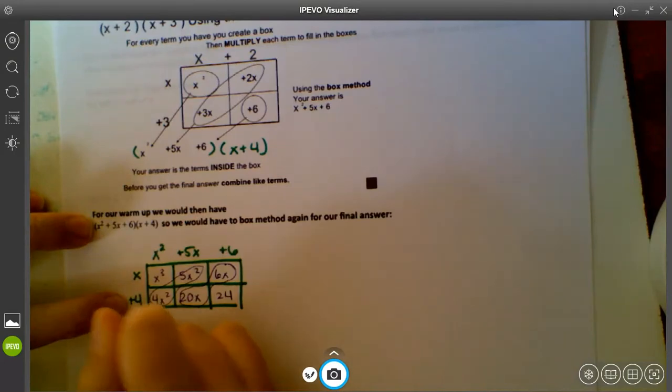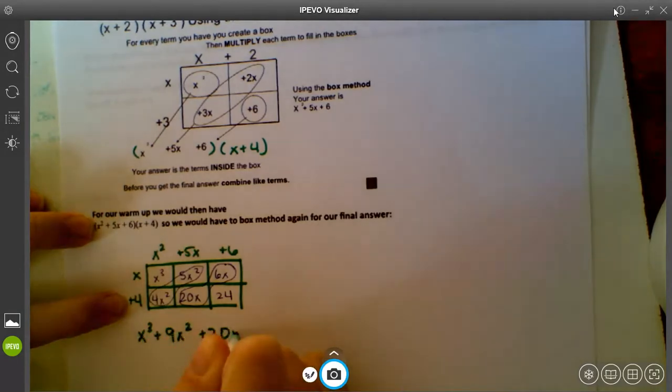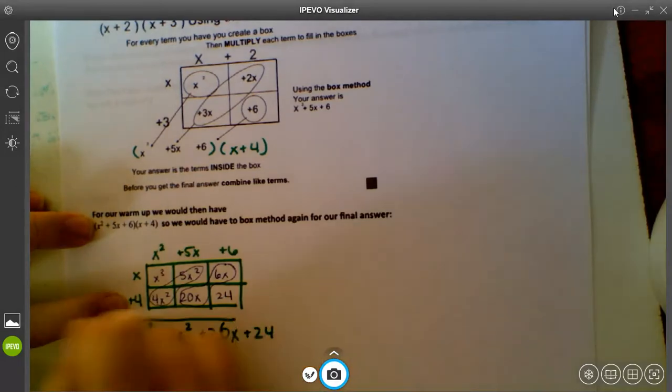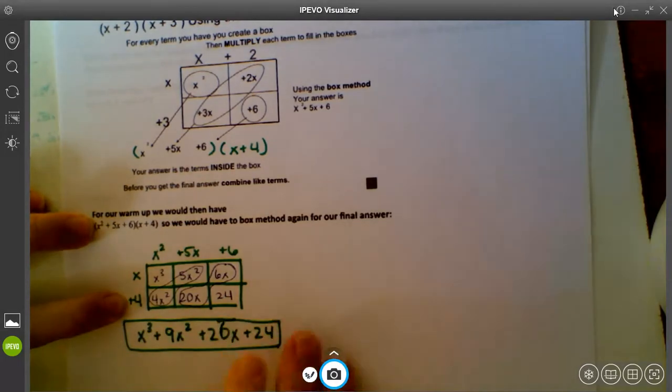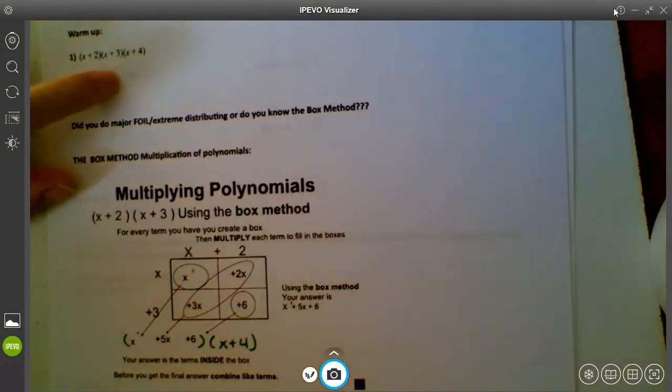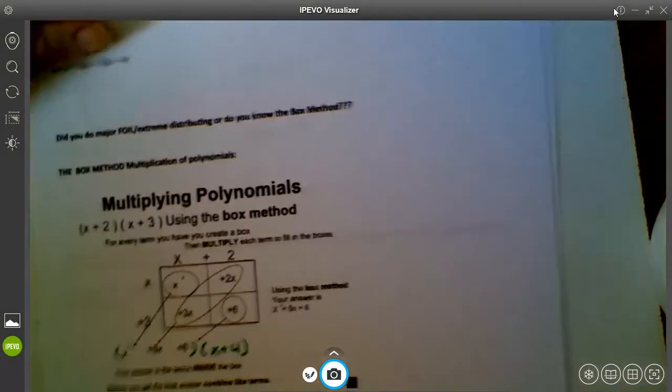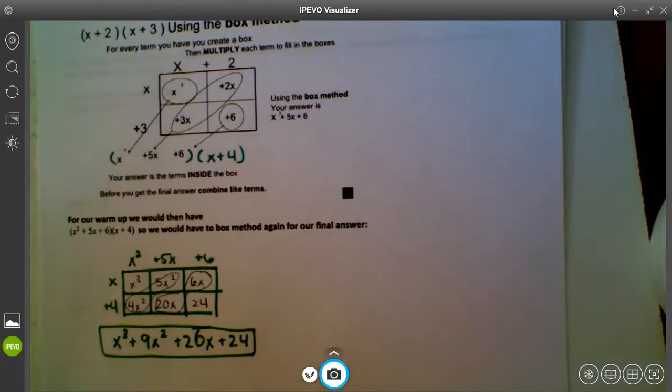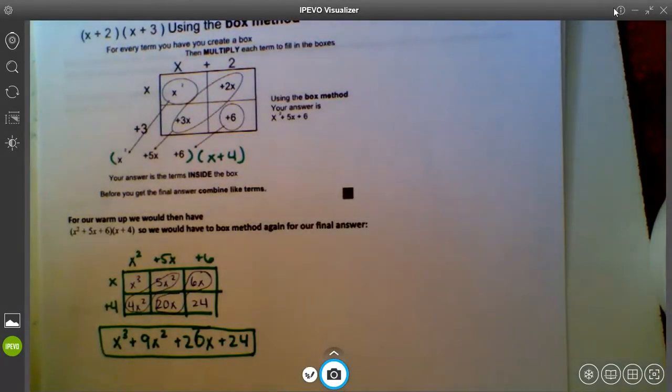So I have an x cubed plus 9x squared plus 26x plus 24. And that is what happens when I multiply x plus 2 times x plus 3 times x plus 4. So hopefully we now have this quicker tool that will help us multiply different types of polynomials, which is where we're going to go in this lesson.